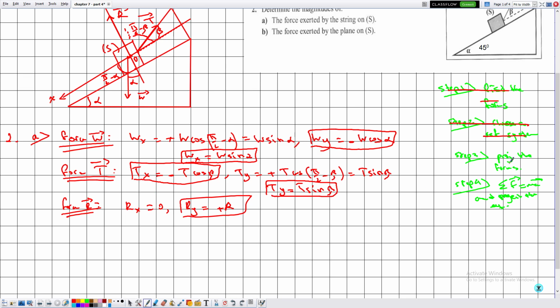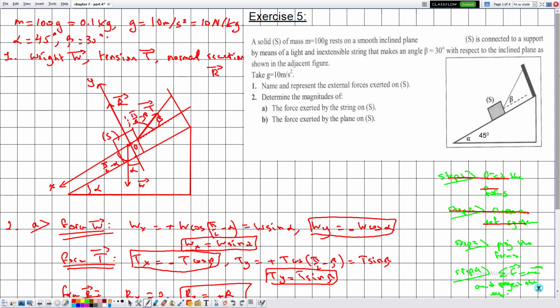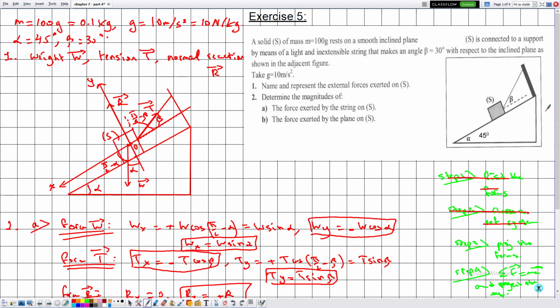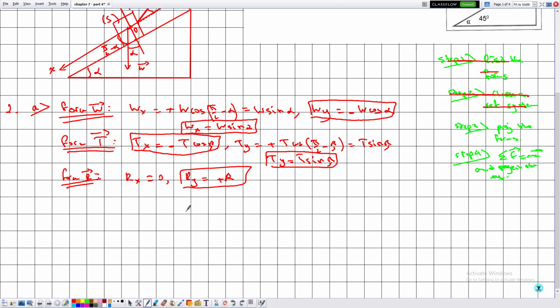Because the solid S is at equilibrium, although they didn't mention the equilibrium, notice that the solid S cannot move because it's attached to the string. So here it is at equilibrium. So let me say at equilibrium instead of applying Newton's second law. Here we are applying the condition of equilibrium for body S.